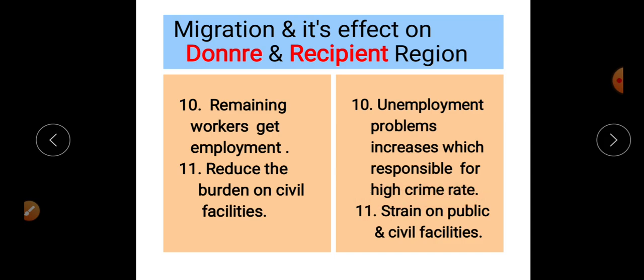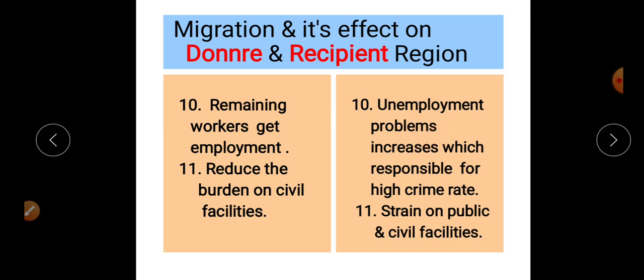For example, Mumbai is an important place for immigrants because of the availability of a number of jobs and opportunities. But at a time, a large number of people immigrate to Mumbai, and that's why an unemployment problem is created in that area.